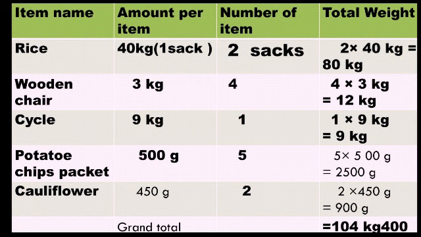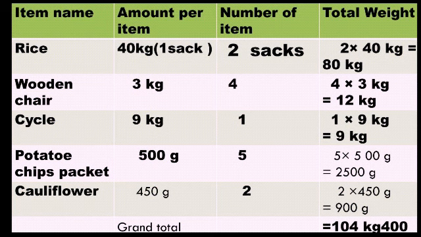Next, potato chips packets. He bought 5 potato chips packets, and the weight of each packet is 500 gram. So 5 into 500 equals 2,500 gram. And next is cauliflower. He bought 2 cauliflowers, each of weight 450 gram. So 2 into 450 gram equals 900 gram.